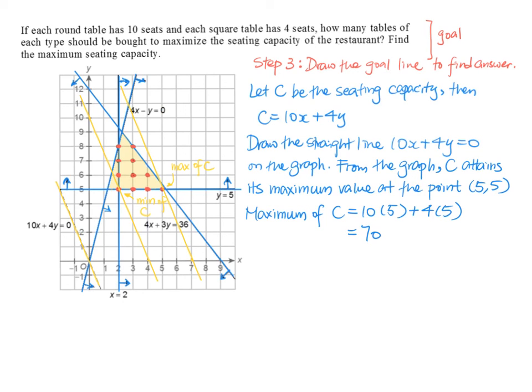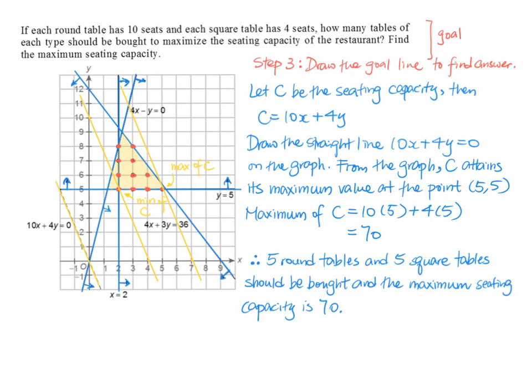This is the farthest one, not this one, not this one, but this one. We put 5 into the formula to get the highest C. So we have to buy 5 round tables and 5 square tables in order to maximize the seating capacity, and it would be 70 persons.